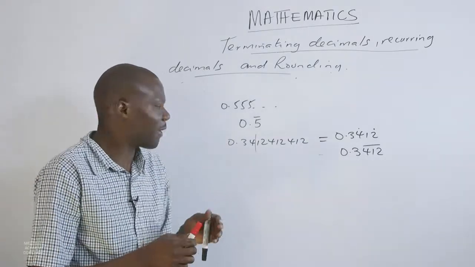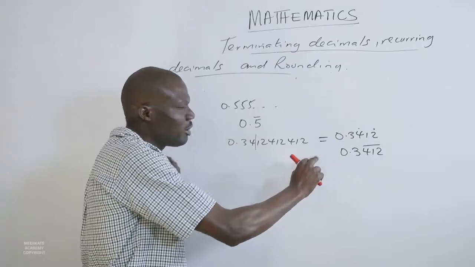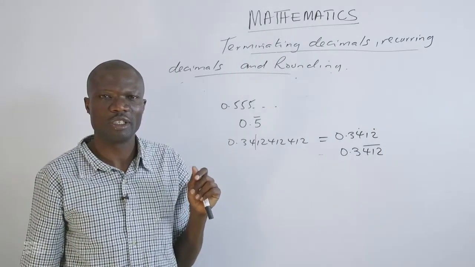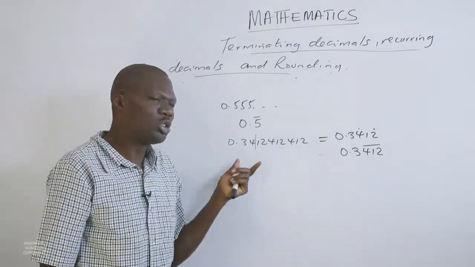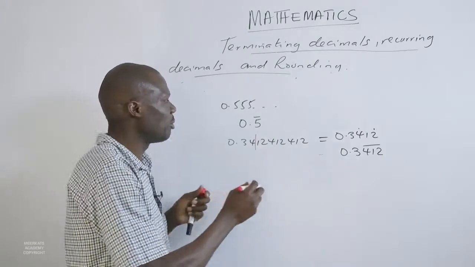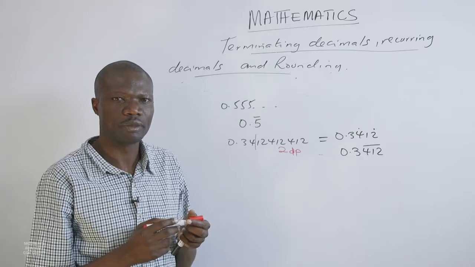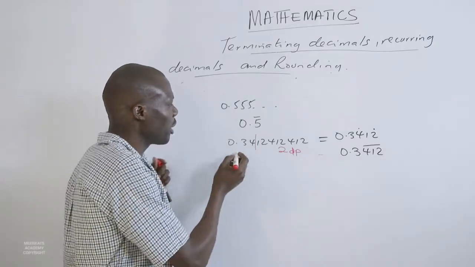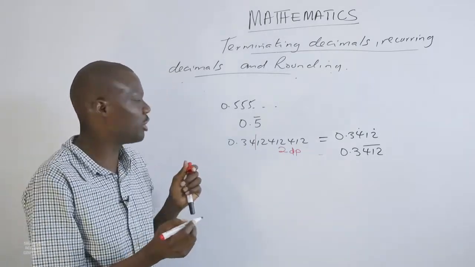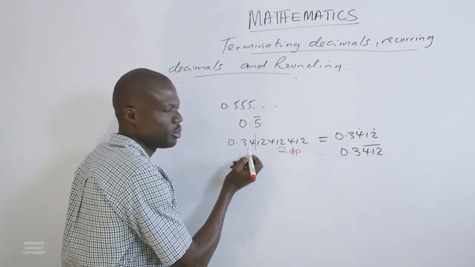Taking, for example, here, we want to round this decimal number to 2 decimal places. We go to where we have the decimal point, and we count 1, 2.